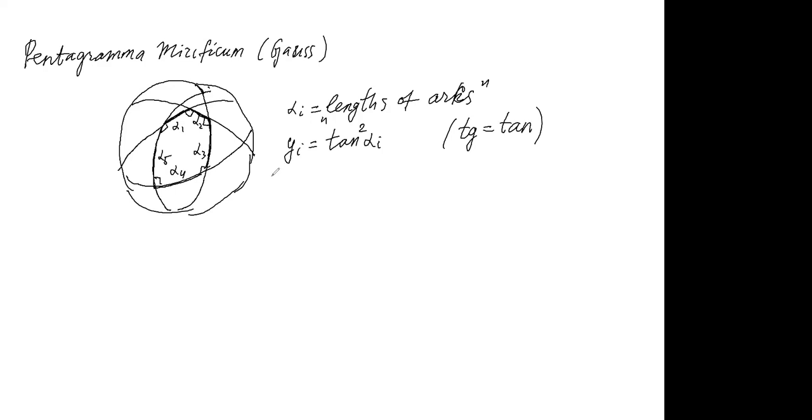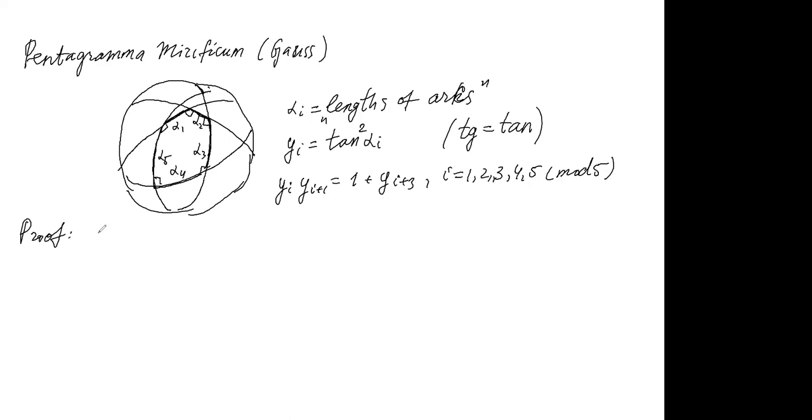This is the formula which Gauss liked very much. y_i times y_{i+1} is equal to 1 plus y_{i+3}, with i equal to 1, 2, 3, 4, and 5 modulo 5. That is to say, we may use the circular order of these angles, and then we obtain this kind of relation. The proof given by Gauss is very easy, actually.